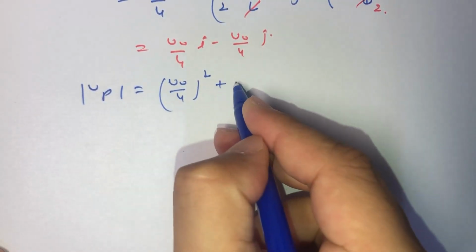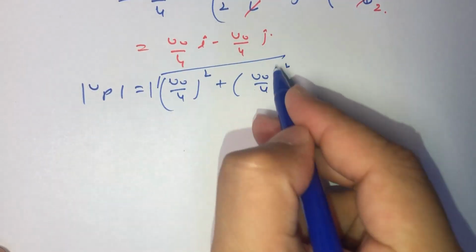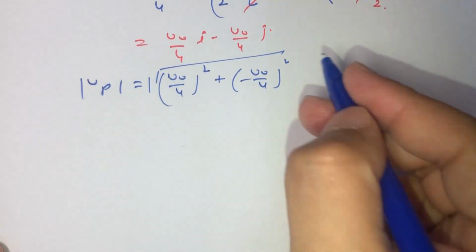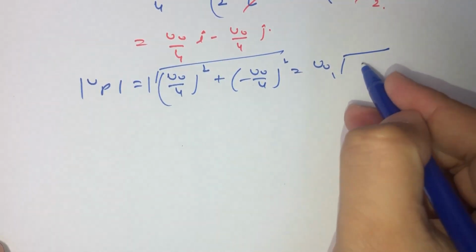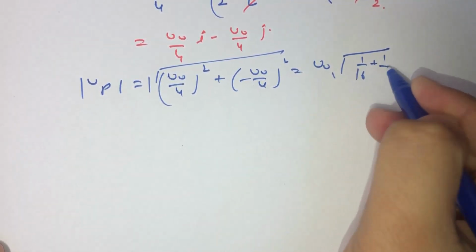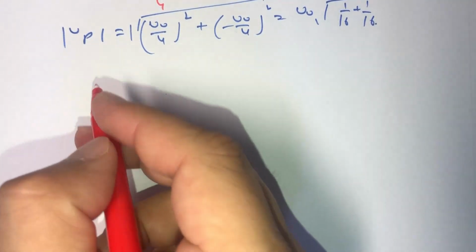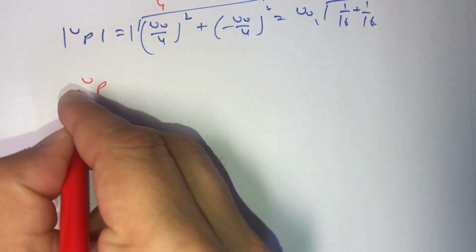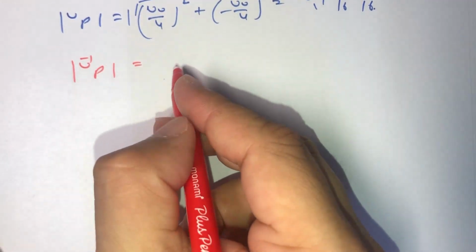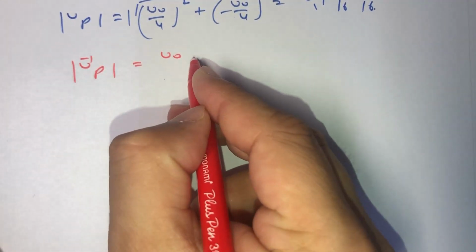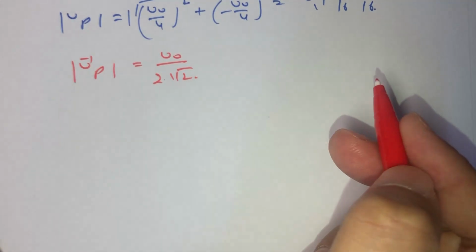We are only interested in the magnitude, so we can say that Vp is equal to the square root of (V0 by 4) whole square plus (V0 by 4) whole square. Taking V0 as common, this becomes 1 by 16 plus 1 by 16. So we get that the linear velocity of point P will be equal to V0 by 2 square root of 2.